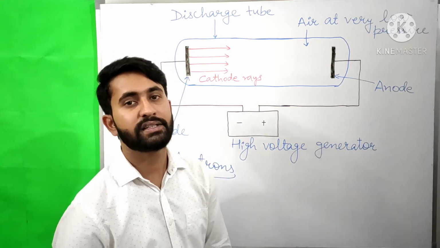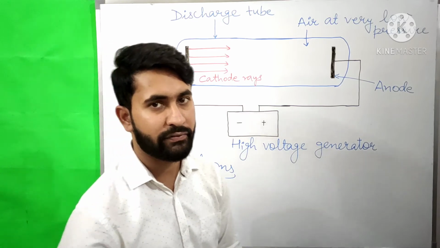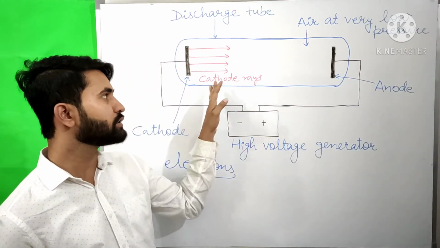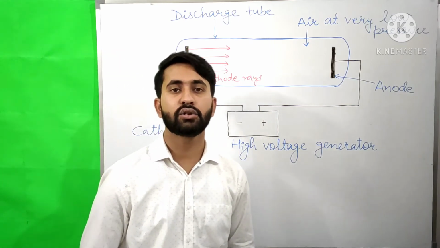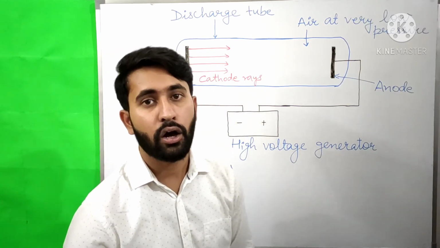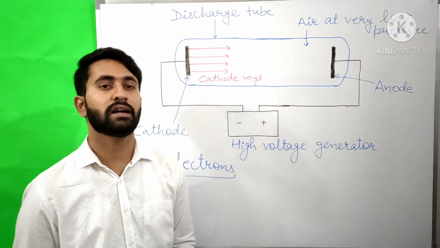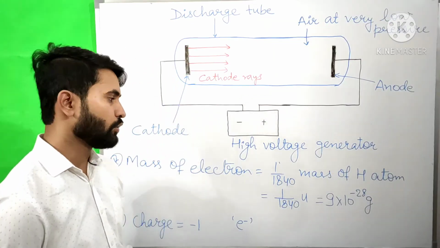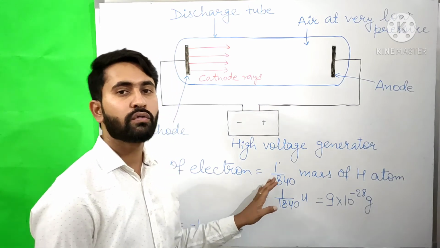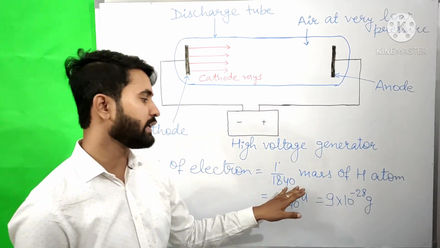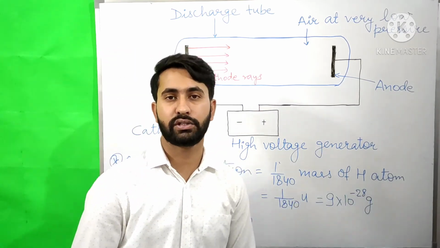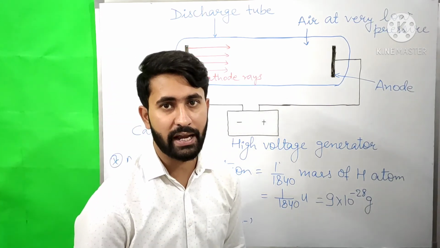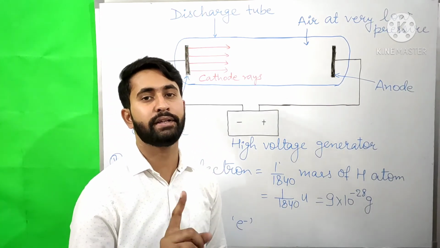He tried this experiment with many different gases. Since all the gases produced cathode rays, he concluded that all atoms contain electrons. The mass of an electron is equal to 1 by 1840 of the mass of a hydrogen atom, and we know that the mass of a hydrogen atom is equal to 1 u.